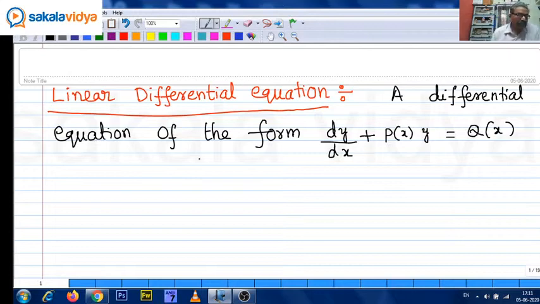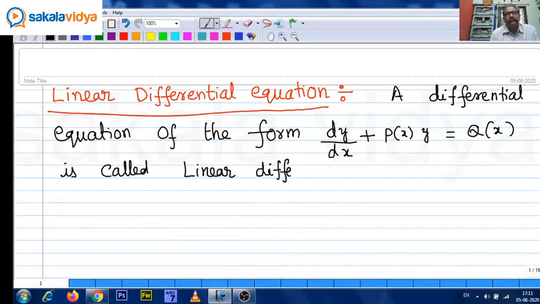That is called a linear differential equation of first degree or first order.